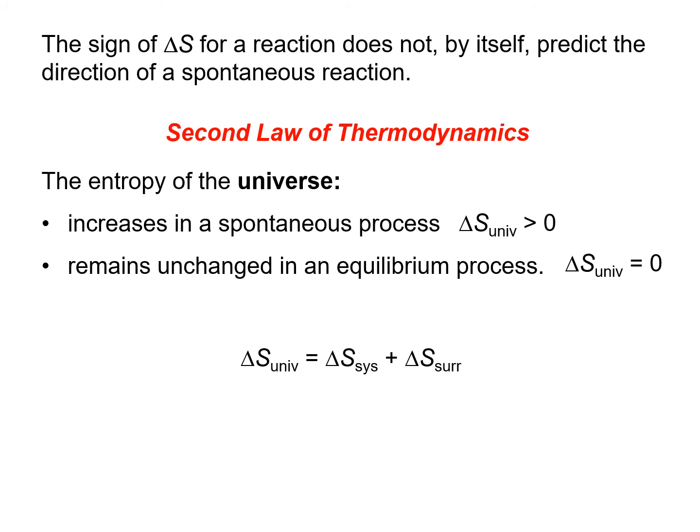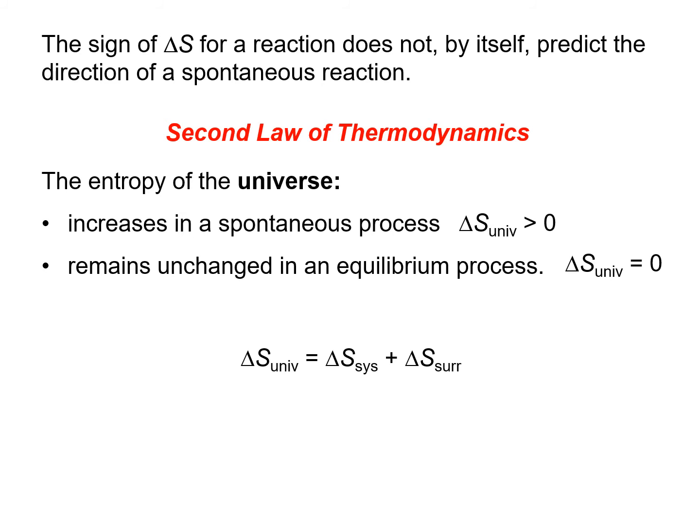So if we want to predict if a reaction is spontaneous or not, we have to look at what is the sign for delta S universe. What is delta S universe? Delta S universe is change in the entropy of the system plus the change in the entropy of the surroundings. So after adding these two, our value should be greater than 0.